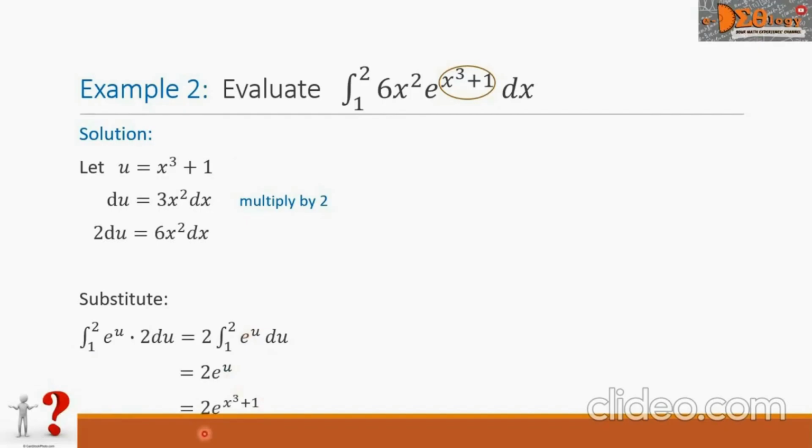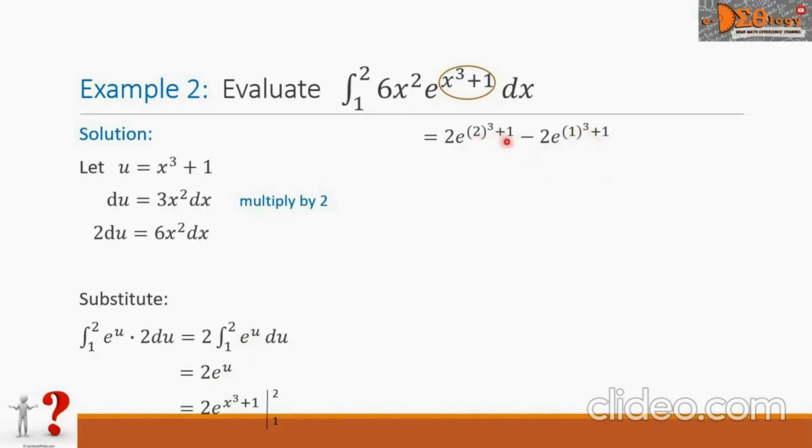Now let us evaluate this with respect to the limits of integration from 1 to 2. Starting with 2, we have now 2 times e raised to 2 cubed plus 1 minus 2 times e raised to 1 cubed plus 1.